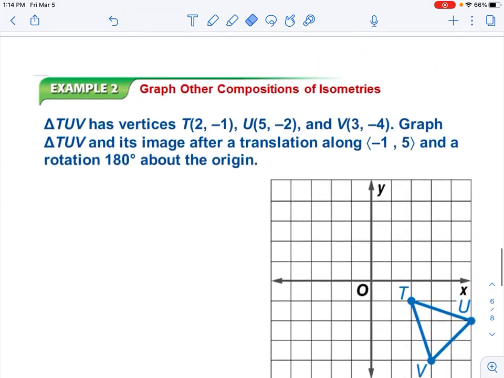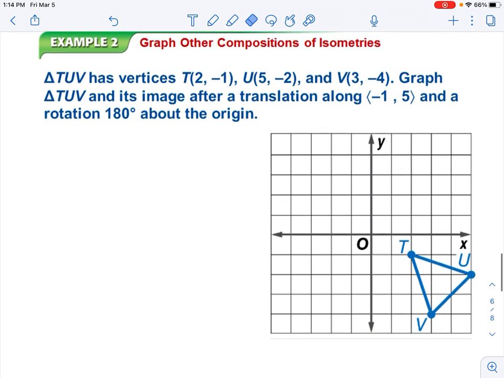Okay, we have 2 more. TUV has these vertices already drawn for us. We're going to graph TUV and its image after a translation along <-1, 5> and a rotation of 180 degrees. So we go over -1, up 5.